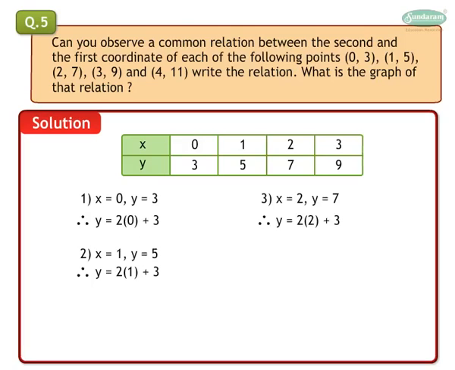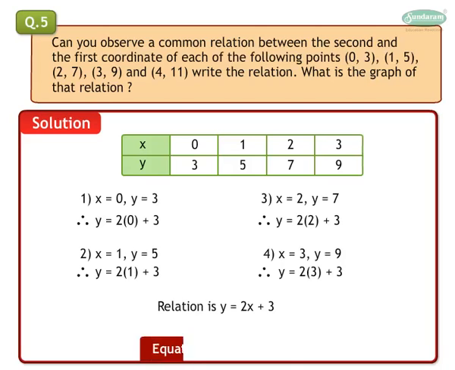Hence, y is equal to 7. 4. For x is equal to 3, y is 2 times 3 plus 3, which is 9. Hence, the relation is y is equal to 2x plus 3. The equation of the line is also y is equal to 2x plus 3.